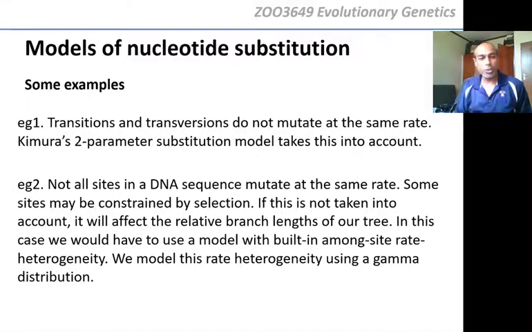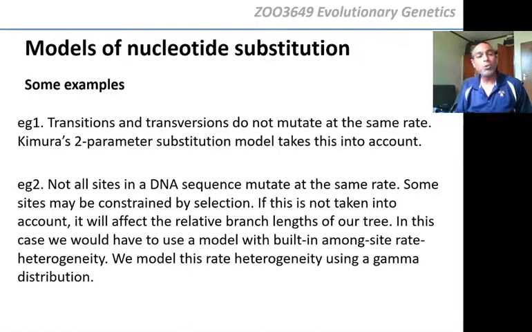So if you look at the genome, you will see many, many more transitions and many fewer transversions. So they don't occur at the same rate. If they occurred at the same rate, transversions and transitions would be equally frequent in the genome, but they're not. If we consider that they are equally frequent, we will give transversions the same weight as a transition, and then we will get our branch lengths wrong, and our tree will be wrong.